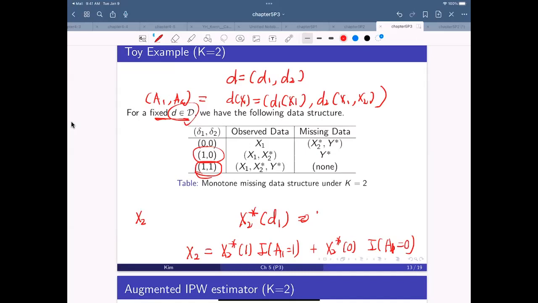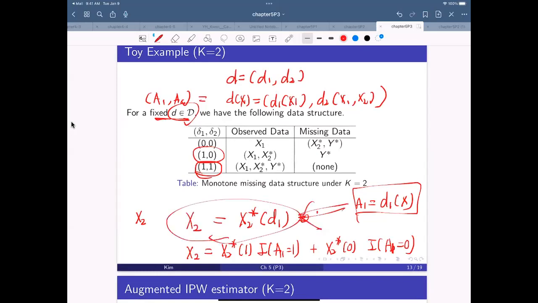I know my X2 is one of the two. But if delta 1 equal to 1, that means my observed A1 matches with D1 X1. So that means my observed X2 is equal to X2 star D1, right? So this one implies this.